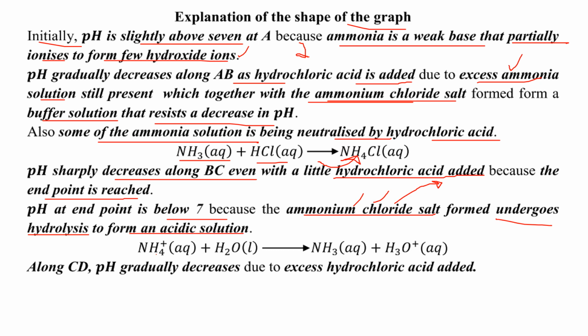So here, the ammonium ion acts as a conjugate acid by donating a proton to water. And once it donates a proton to water, we form ammonia molecules and hydroxonium ions. Formation of the hydroxonium ions is what causes the resultant solution to be acidic, hence the pH below 7. So looking at the points along CD, pH is going to gradually decrease due to excess of the hydrochloric acid being added.